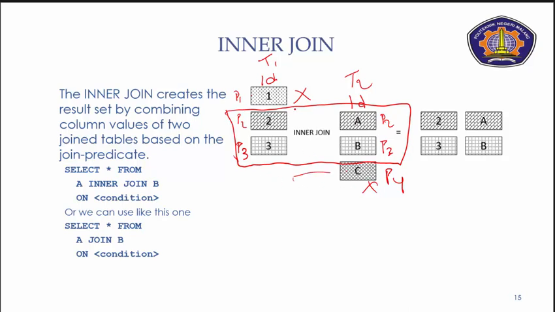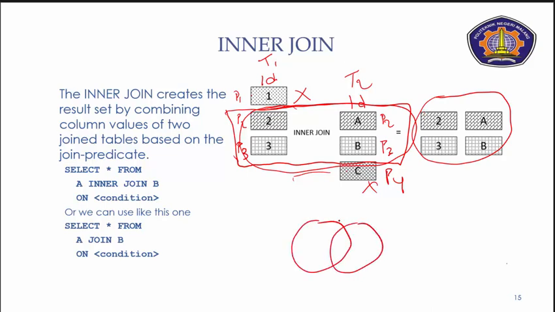So we just need to get this one. So the result, if we use inner join, is just this. In the diagram, for example, this one is T1 and this one is T2. We just get this. You can see this one is pattern 2 and pattern 3, and we have pattern 4 here, and we have pattern 1 here. Okay, that's the point.